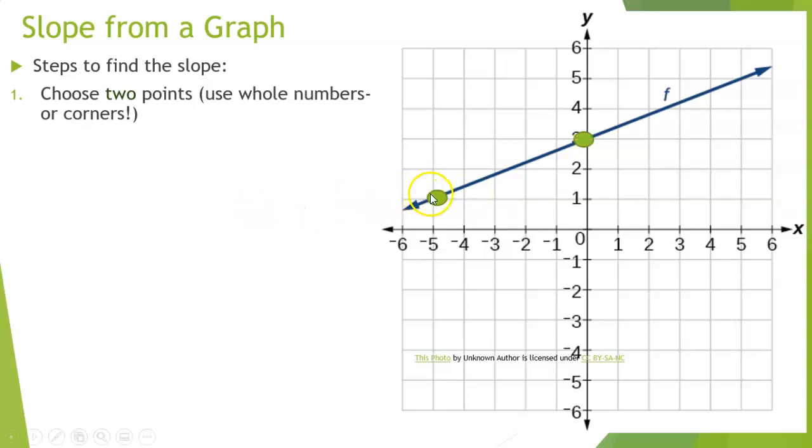Here are the 2 points I chose, negative 5, 1 and 0, 3, because the line is crossing directly through a corner of the graph there. Those are whole numbers. Another one I could have used is 5, 5. See, it crosses through the corner at 5, 5, and I could have used that. Any corner is fine, but you want to choose 2 points.